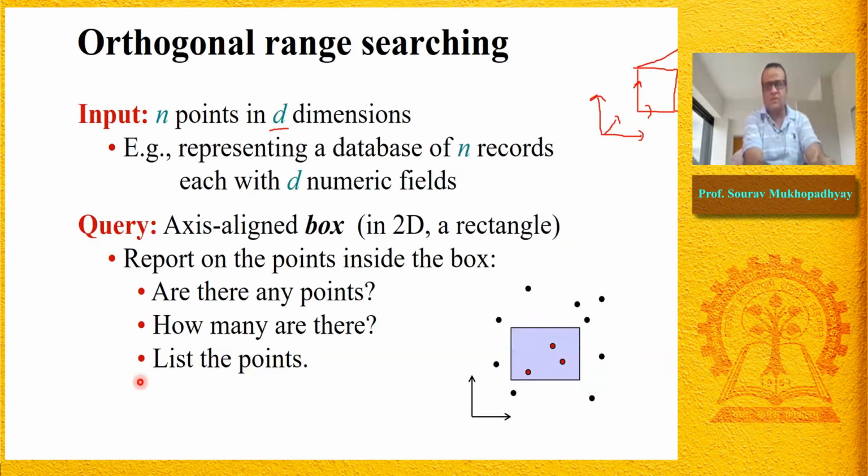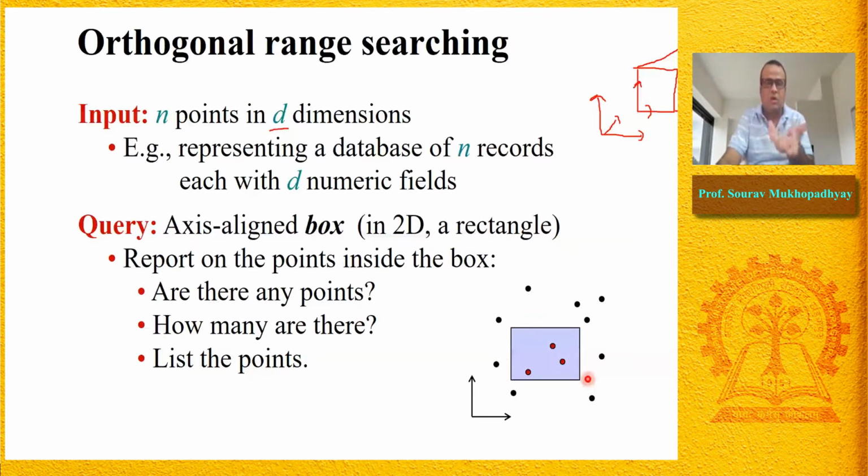So can you suggest some data structure for this? Sorry, can you suggest some algorithm for this? Like how to do it? Suppose we have n points, and then we have a box. We have been given a range, x-axis, y-axis, say for 2D. Okay.